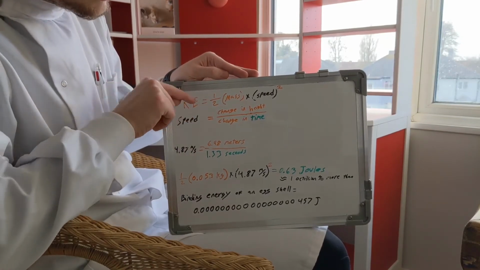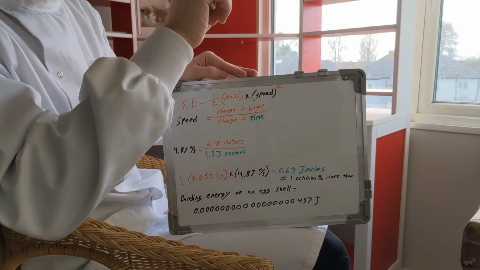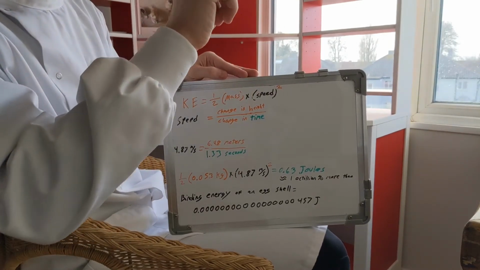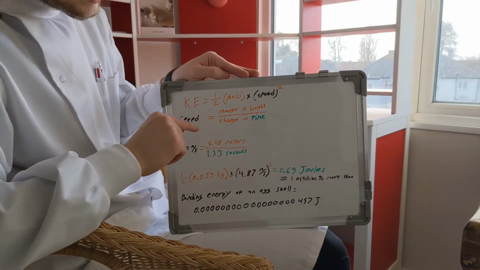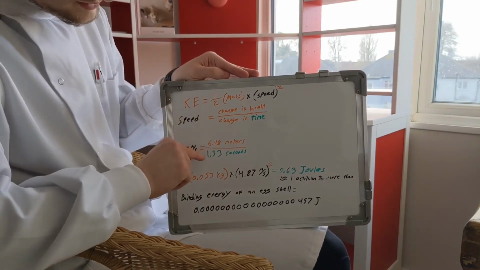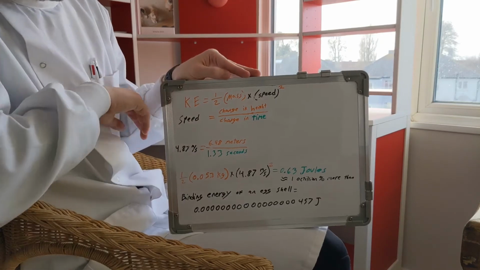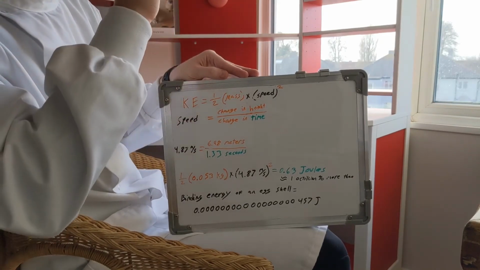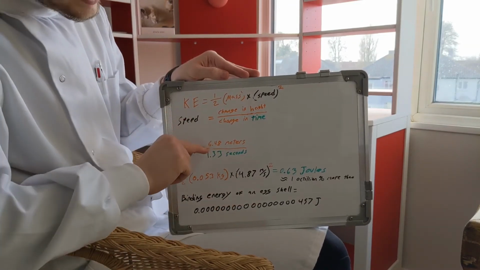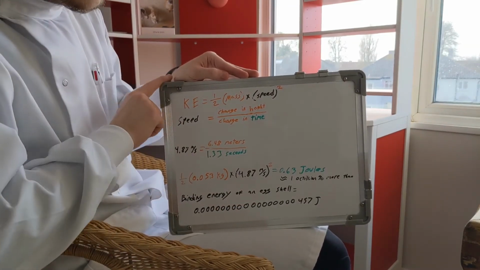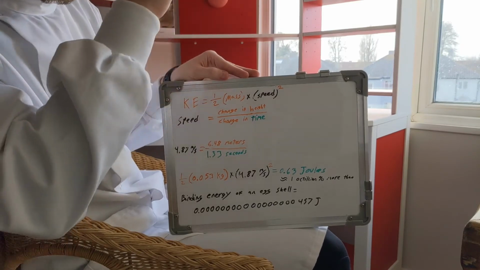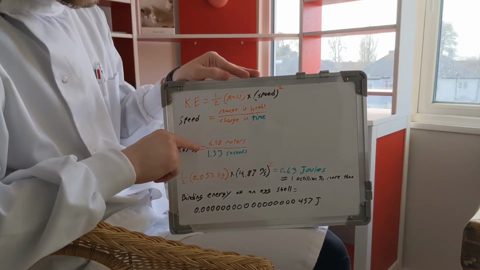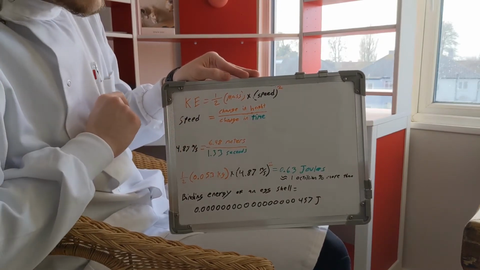So that is calculated by the change in height, so how far the egg falls, over the change in time, so the amount of time it takes for the egg to hit the ground. And if you look at it, it takes about 1.33 seconds for the egg to fall and hit the ground, and you put that underneath how many meters it is from the window to the ground, and we found that that was 6.48 meters.